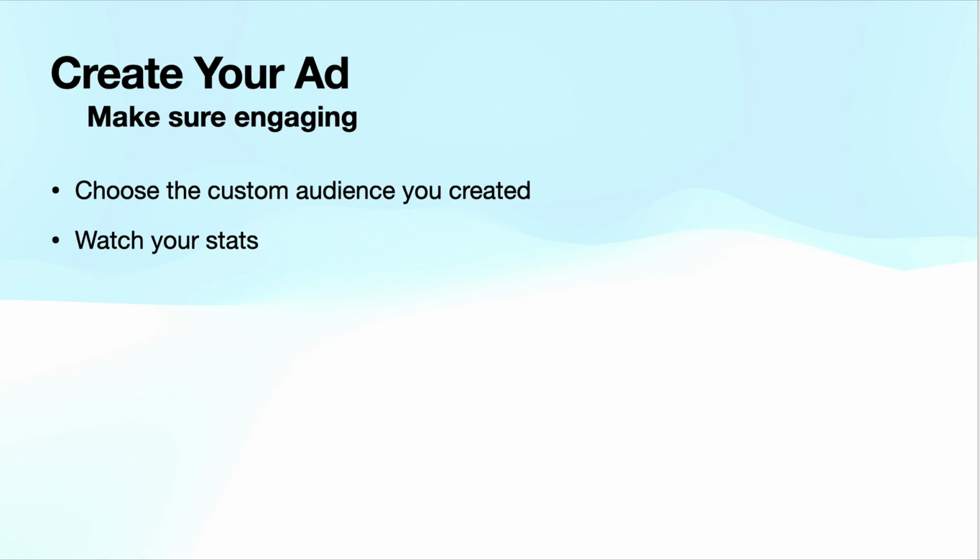The magic is in finding those people that want to engage with your channel or your particular video and want to do it in such a manner that the stats of the video get tremendously improved. So that's how you create and use custom audience segments in Google Ads.